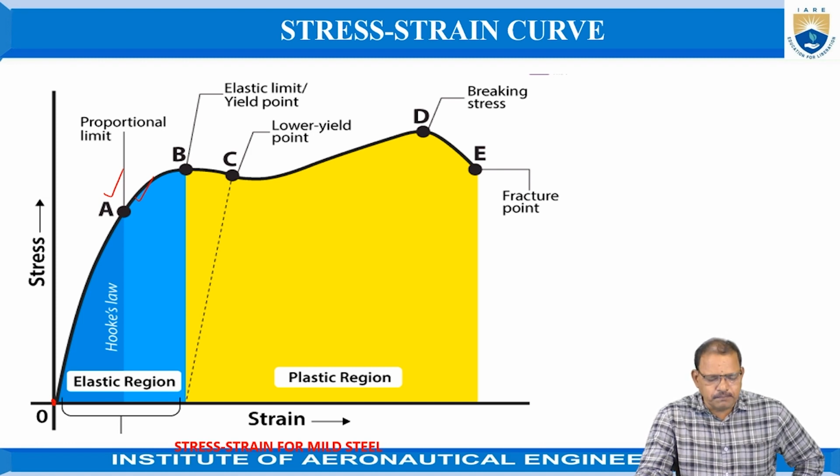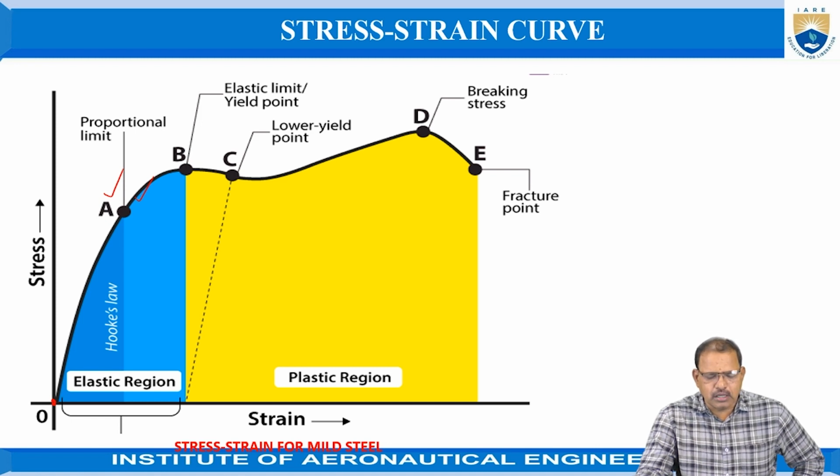Beyond point A, the curve bends. Even with slightly applied stress, the strain produced within the specimen increases up to point B. The B point is called the elastic limit.